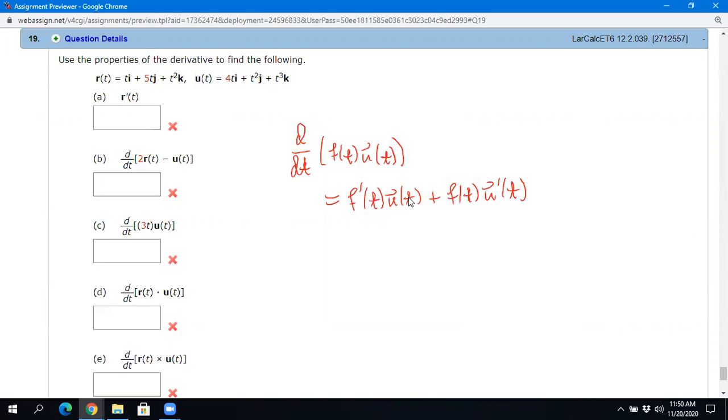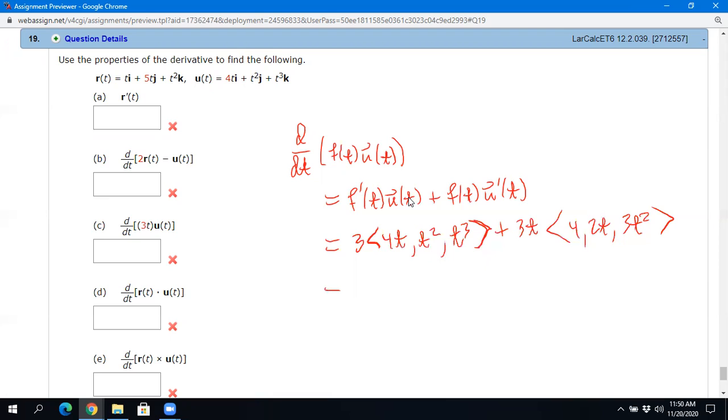In this case, f of t is 3t. What's the derivative of that? Right, it's 3, and u of t here is 4t, t squared, t cubed, right? And then plus 3t times, what is the derivative of u? 4, 2t, 3t squared, right?